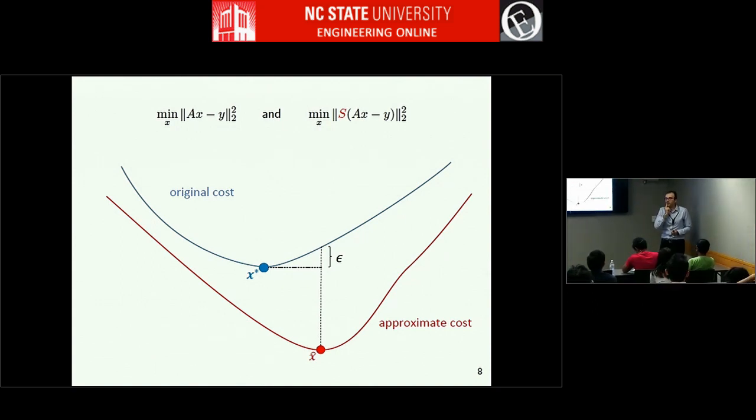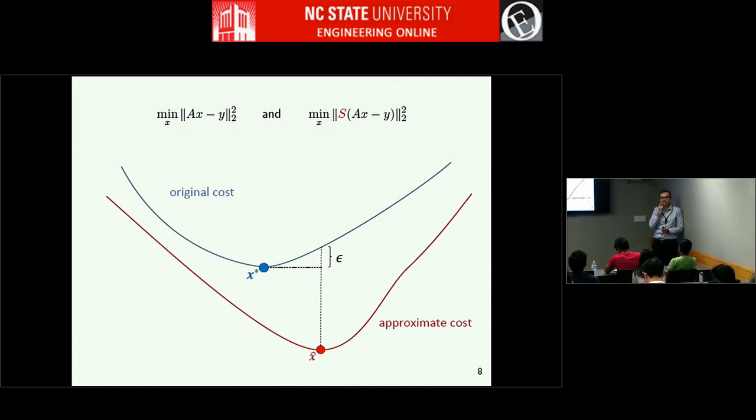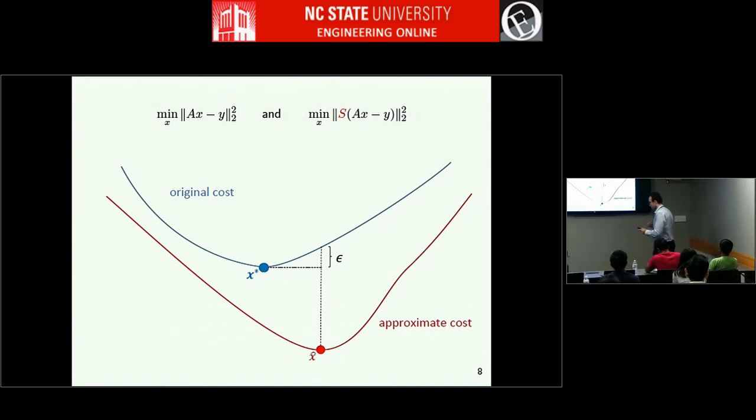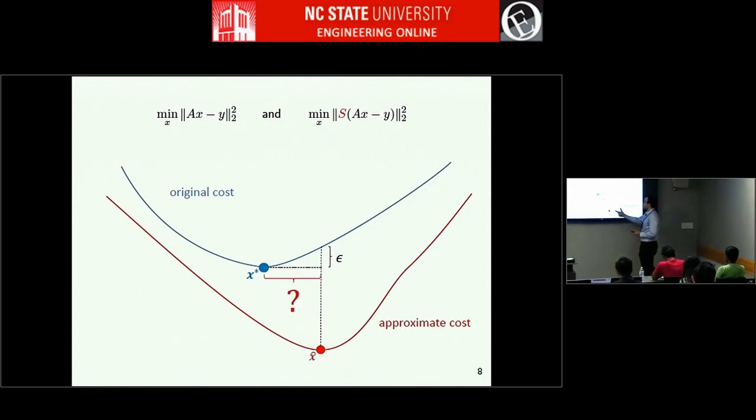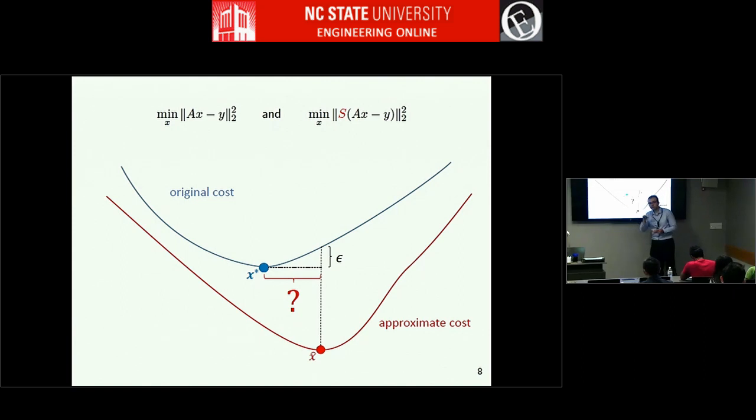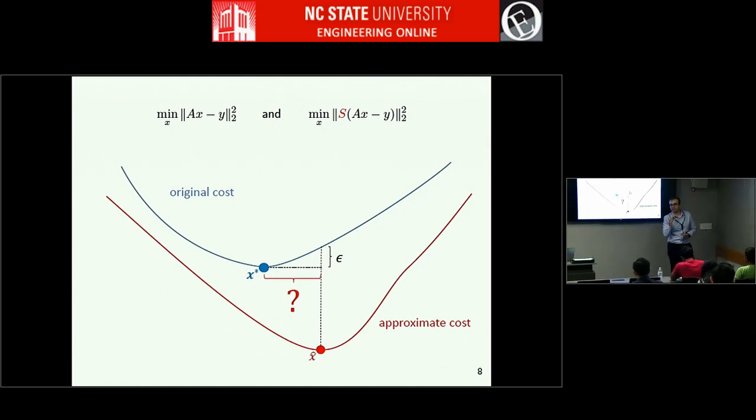But you might argue the vertical distance is not so relevant in many applications. In objective value, you can get very close, but how about the solutions? The solutions are sometimes more important. It's the signal you would like to recover, for instance, in signal processing. Now the next question is, how big is this horizontal distance between the solutions?